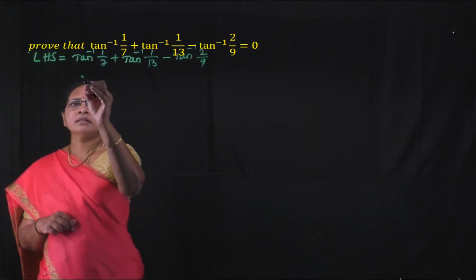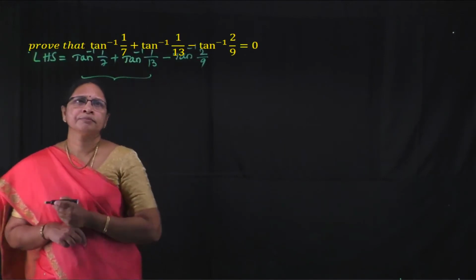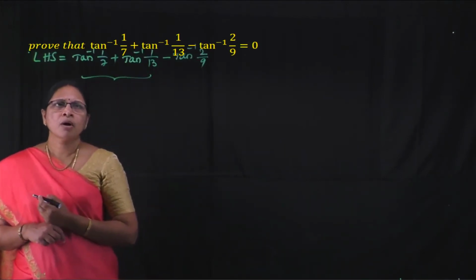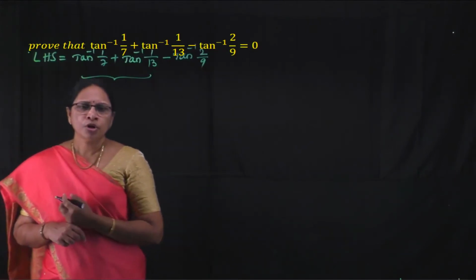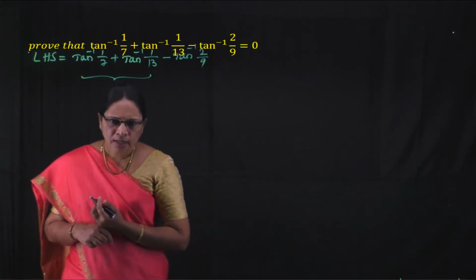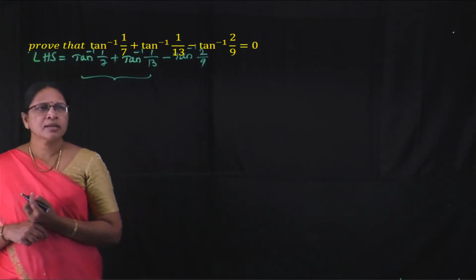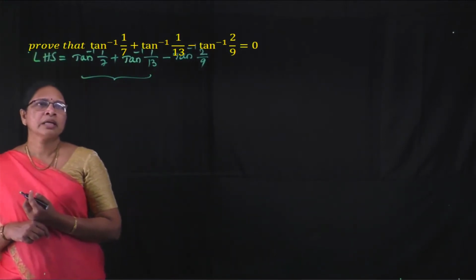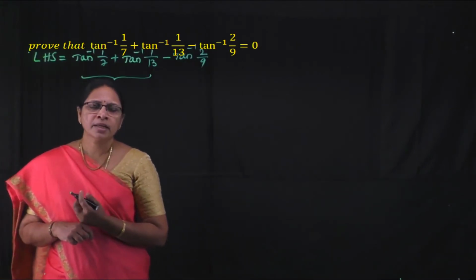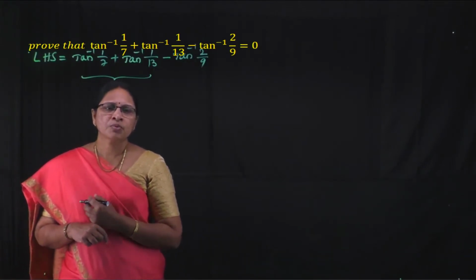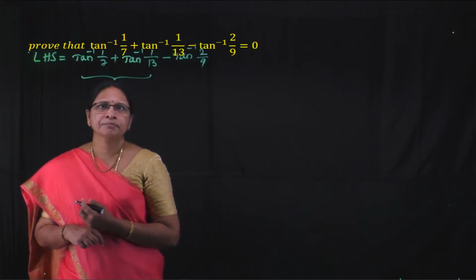Let us consider first two terms which are in the form of tan inverse x plus tan inverse y. We know the formula for tan inverse x plus tan inverse y is tan inverse of x plus y by 1 minus xy if xy is less than 1.